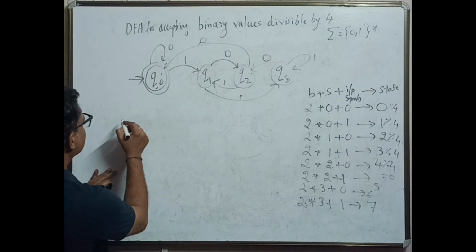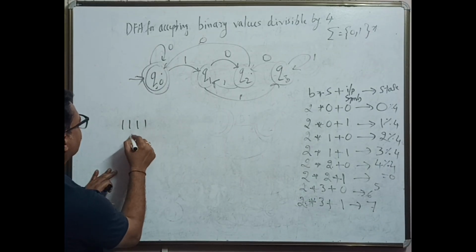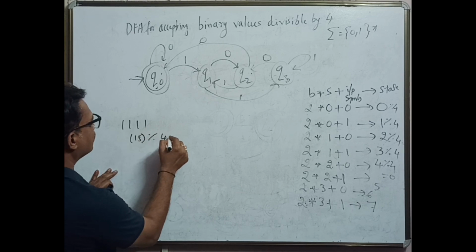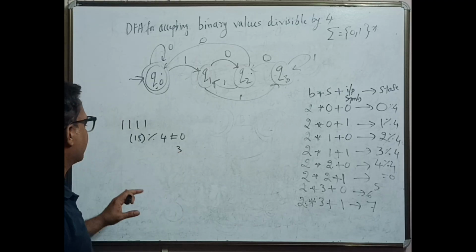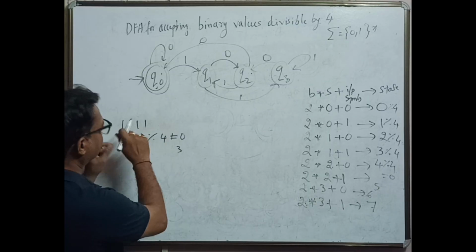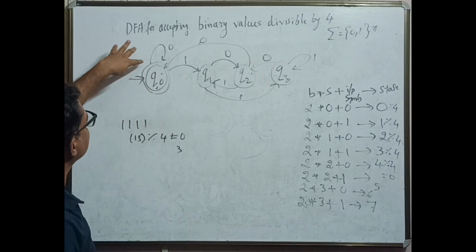Let us take one more example, that is 1111, which is nothing but 15, and 15 mod 4 is not equal to 0, it is equal to 3. So it should land on Q3. Now let's read the symbols taking the DFA into consideration.